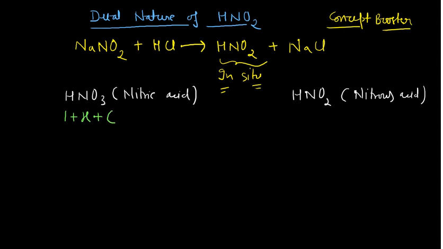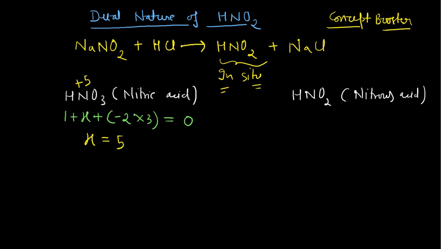And one oxygen has a -2 charge, and there are 3 oxygens present in HNO3, and the sum equals 0. Why 0? Because this species is neutral, there is no formal charge on the species. If you solve this, you will quickly get X equals 5. So nitrogen is in the +5 oxidation state.